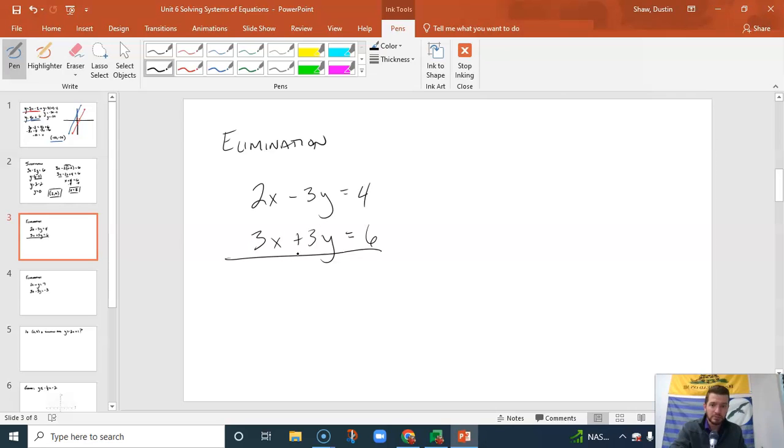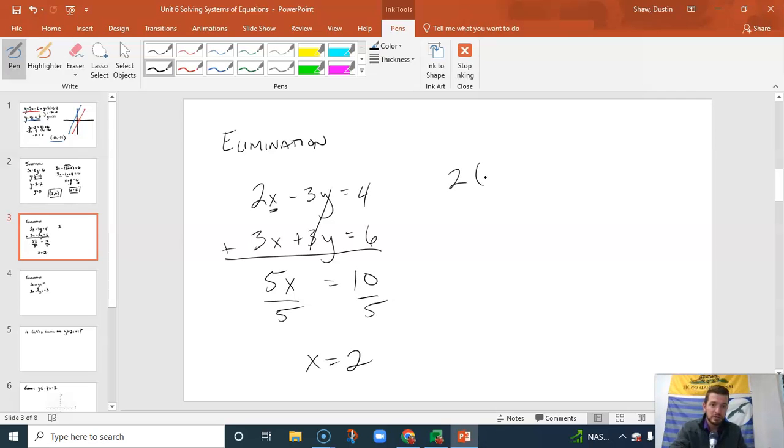So you see here, when I start adding these equations together, I have negative 3y up here and positive 3y down here. So when I add them, now I'm going to get 5x, these y's cancel, equals 4 plus 6 is 10. So now we divide by 5, x equals 2. Easy enough. Now we want to go back and plug it in up here in this first equation.